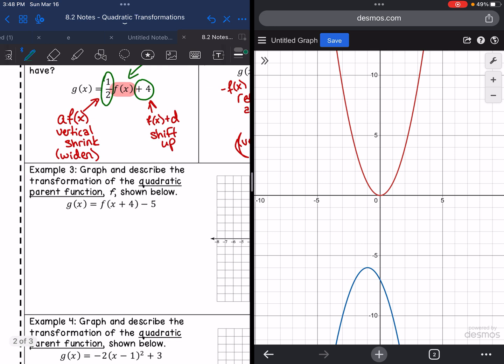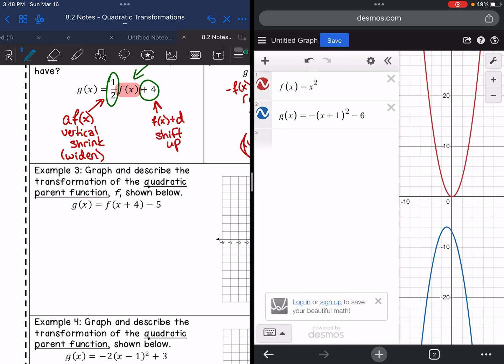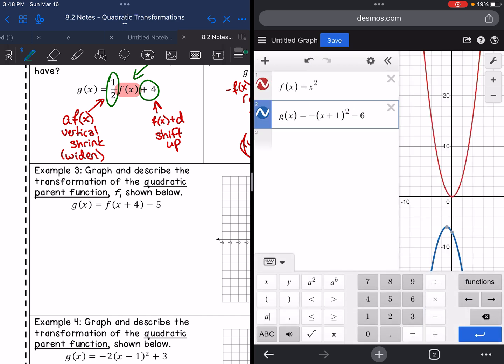All right. So example 3 says, graph and describe the transformation of the quadratic parent function f shown below. All right, and so they've given us this function. I still got that f of x equals x squared in here. I'm going to leave that alone. And now I'm going to type in this new one that they give me.